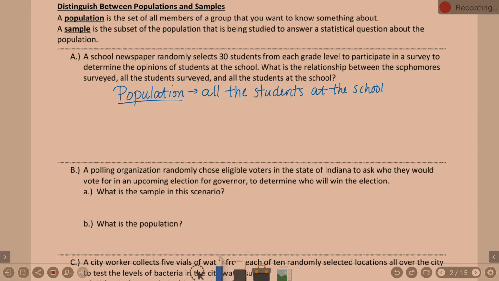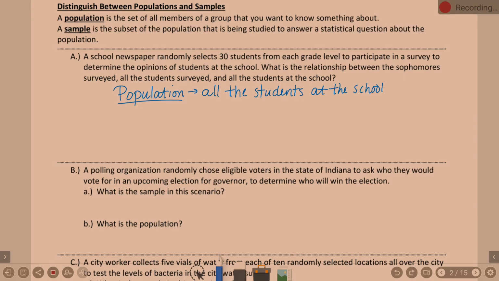Those sophomores are a part of what? They're a part of the sample. You could call them the entire sample if you're just focusing on the sophomore results, but they're also a part of the bigger sample of 30 students from each grade level surveyed.